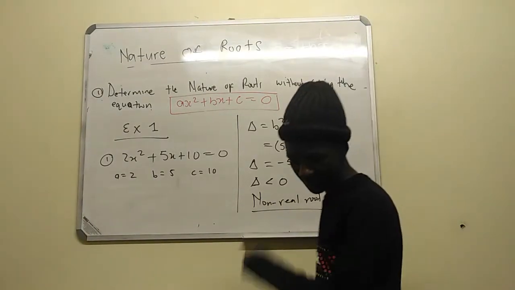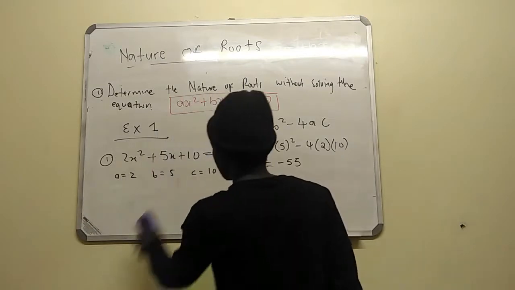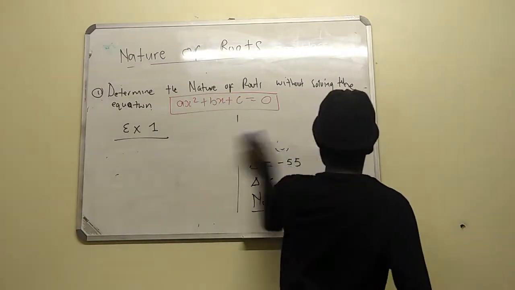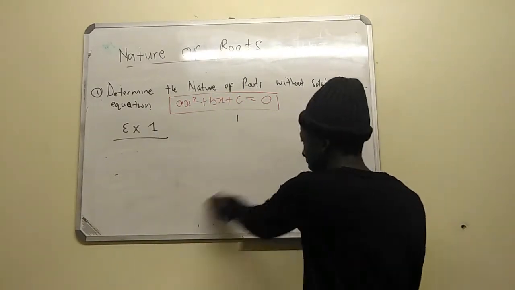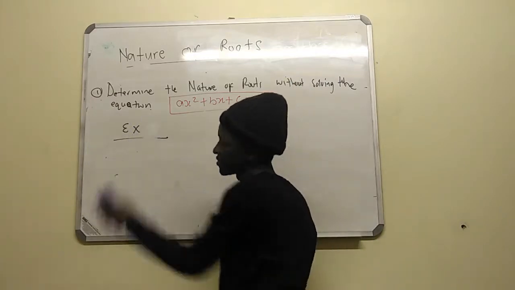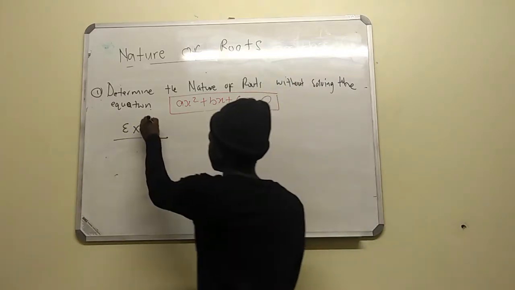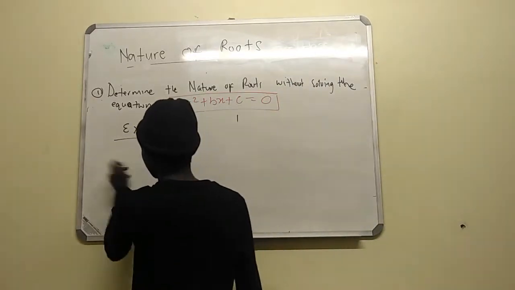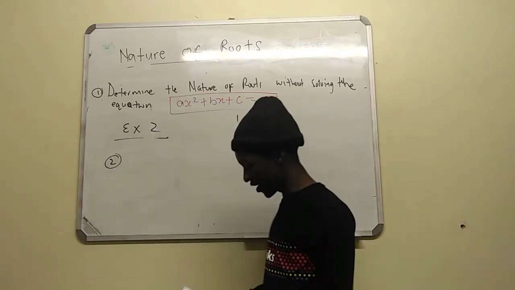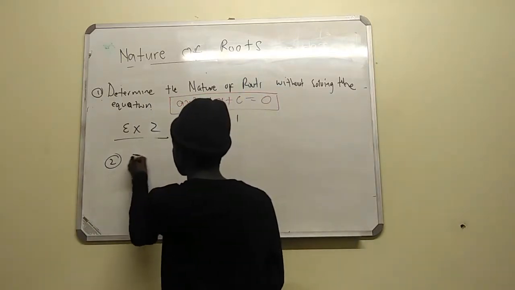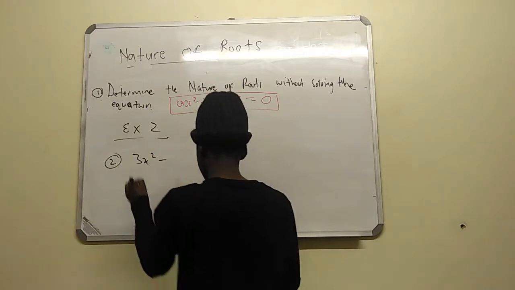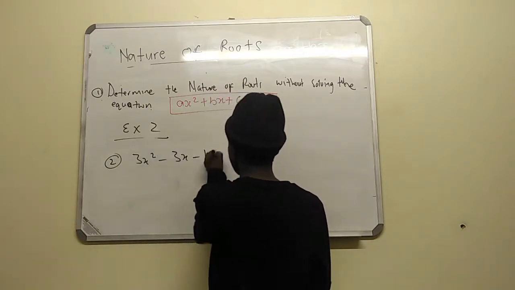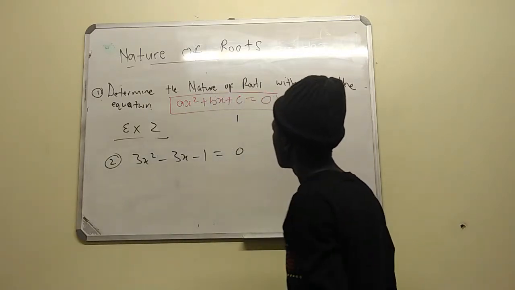Okay, let us check example number 2. We have 3x squared minus 3x minus 1 equals 0.